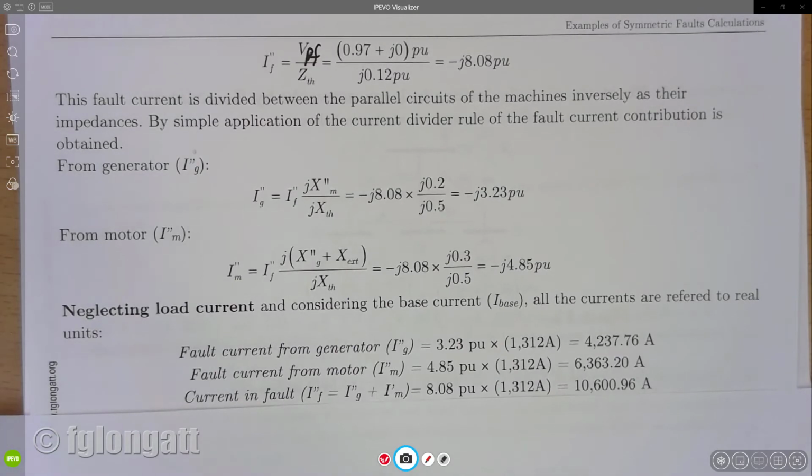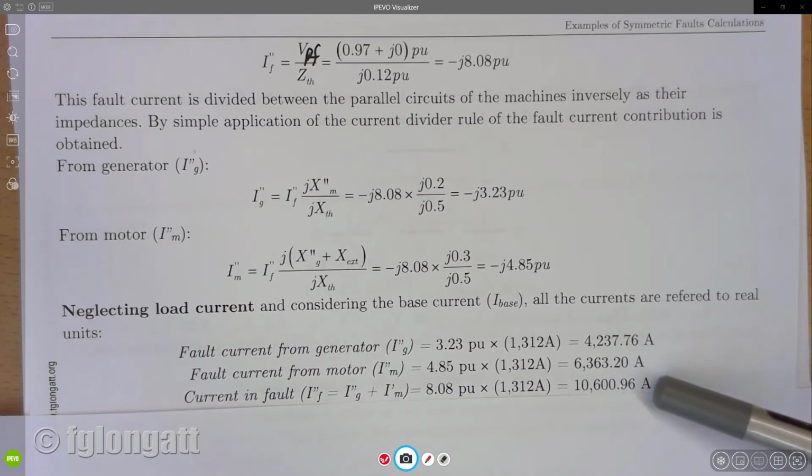With that value, we multiply by the per unit values that we already calculated: the current contribution coming from the generator, the fault current contribution coming from the motor, and then here the fault current, okay? At this moment this exercise has finished.